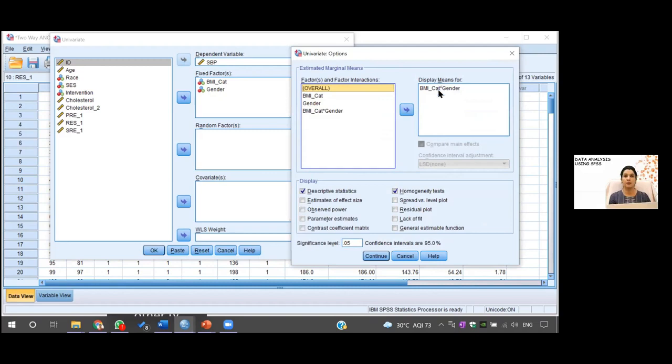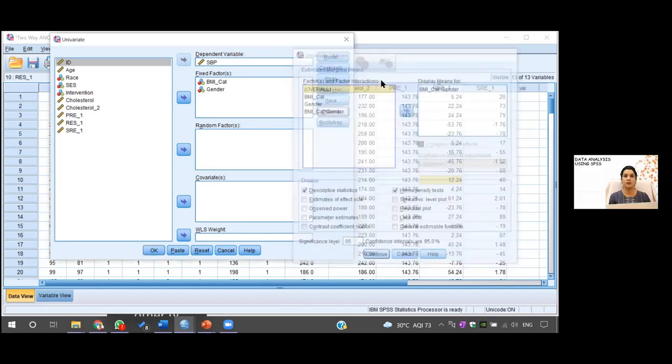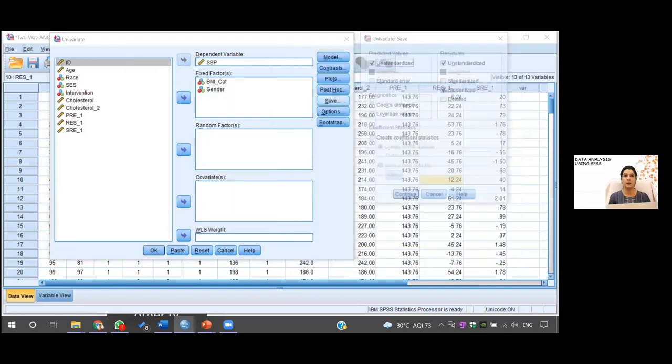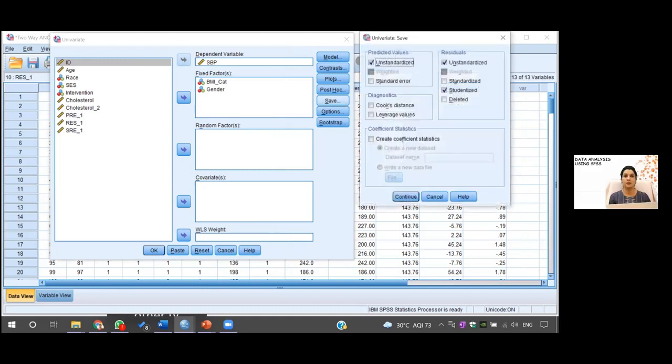I have clicked this display option and save option. I have clicked for checking the normality box plot because I check it against the residual, and then I have given the command of OK.